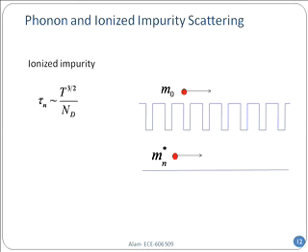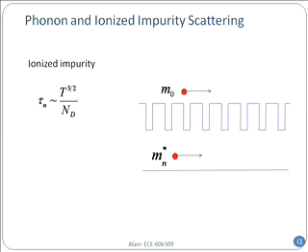And the ionized impurity scattering time is inversely proportional to the number of ionized donors. Does it make sense? If you have more, it will scatter more frequently, and therefore the time will be shorter, right, for the scattering. So it's inversely proportional to N_D. If you have N_A acceptors, then it should be inversely proportional to N_A.